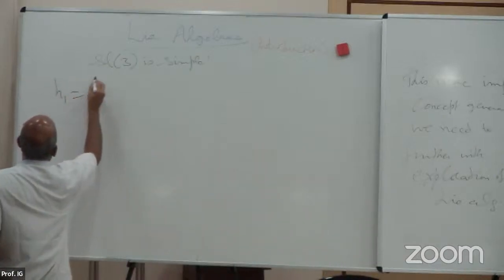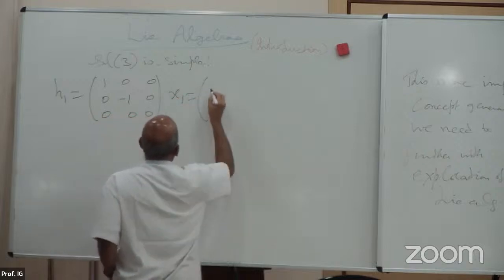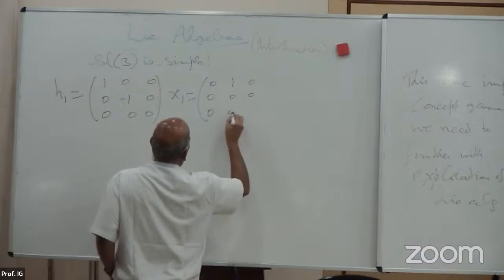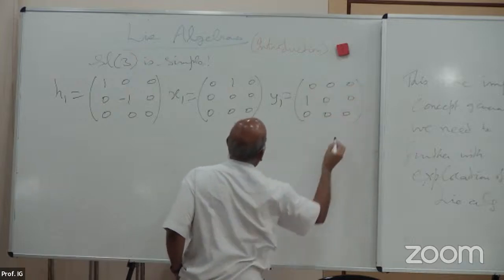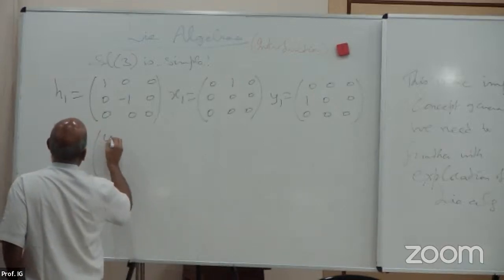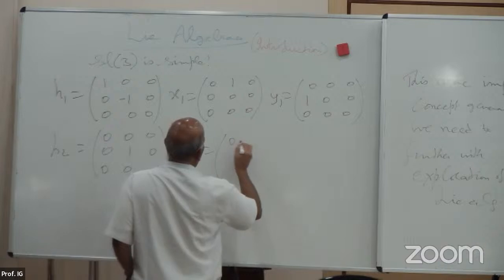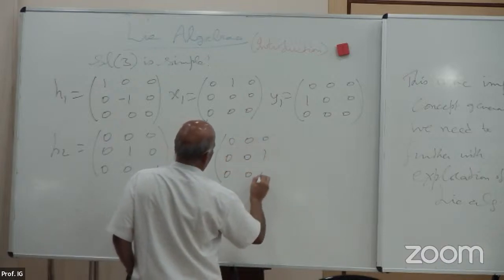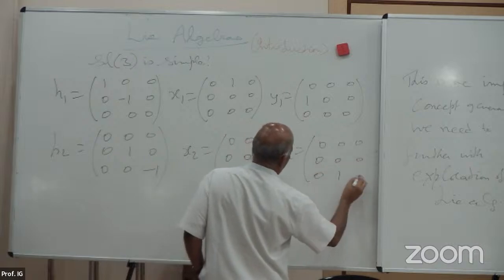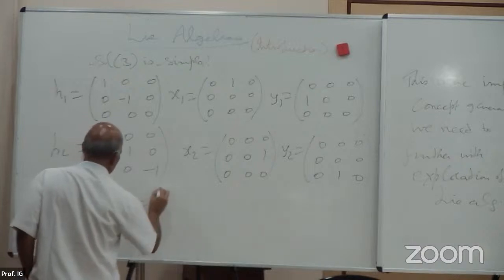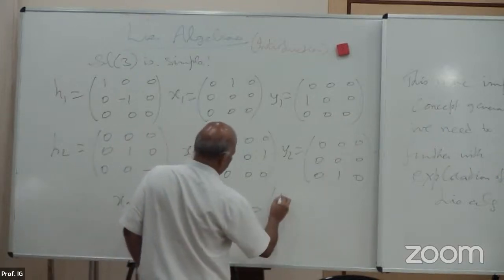We have H1, X1, Y1, H2, X2, Y2, and then there are these two things, X3 and Y3.